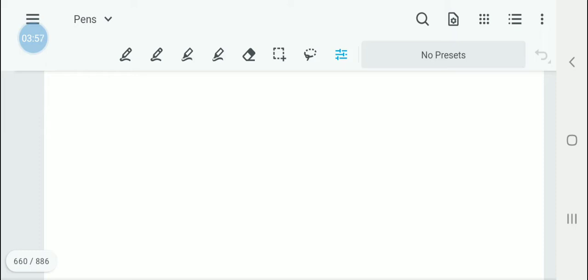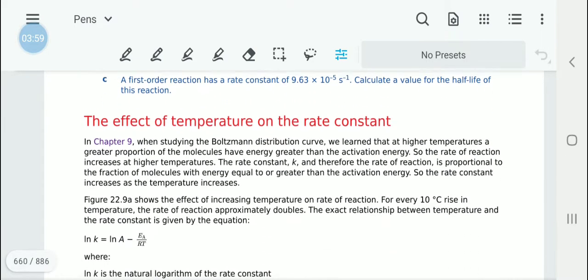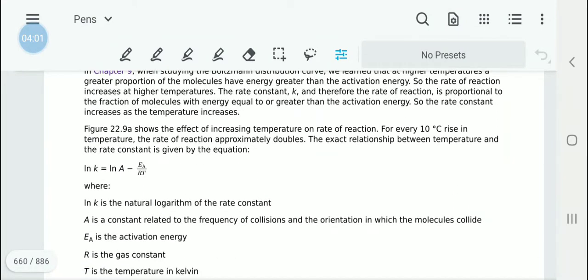Write down a note. The rate of a reaction increases with higher temperatures because there is a greater proportion of molecules having energy greater than the activation energy.